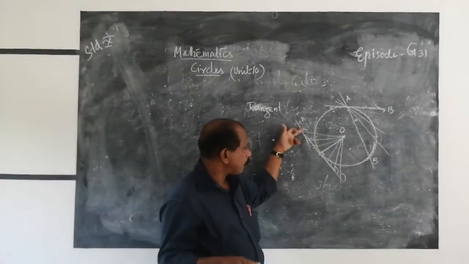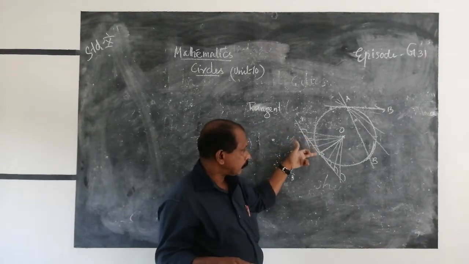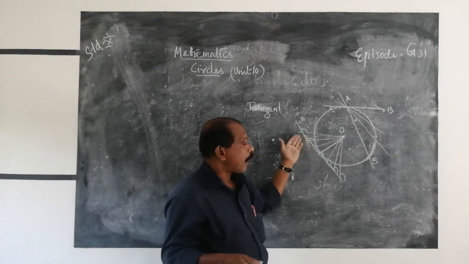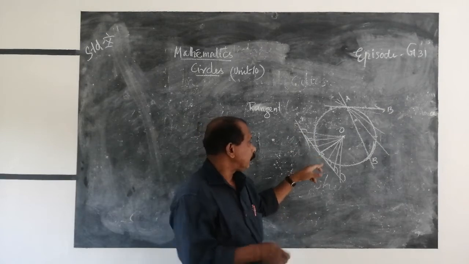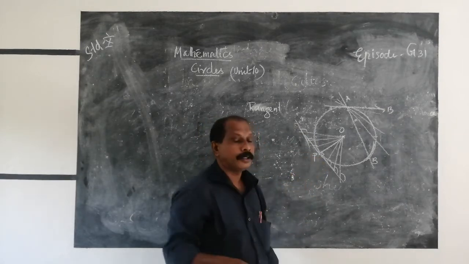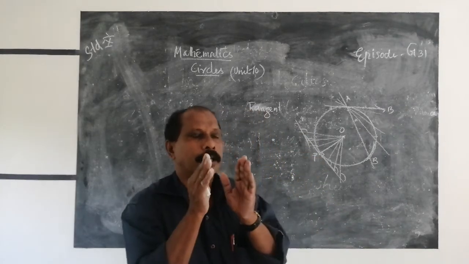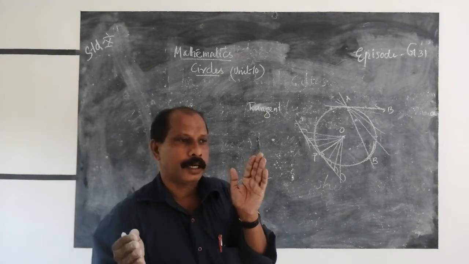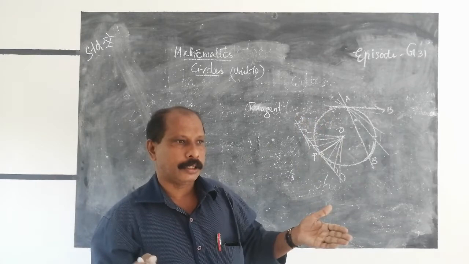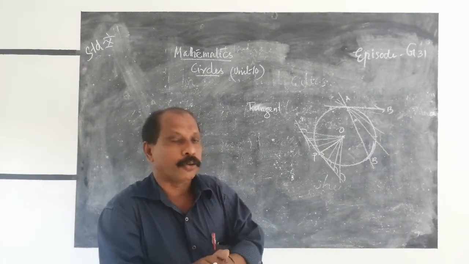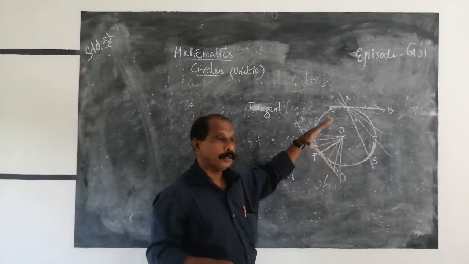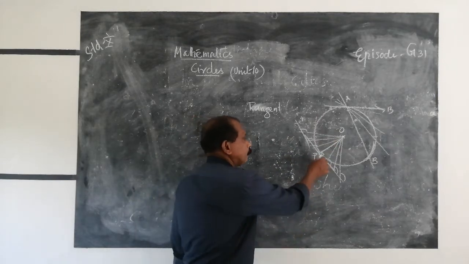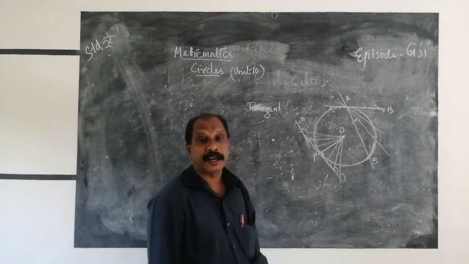Finally, all the points of the tangent are outside the circle, but at this point P, it is on the circle. When the length decreases, the angle decreases, similarly on the left side and right side. Finally, it will coincide with OP, that is the radius segment. Therefore, the angle at this point is 90 degrees.